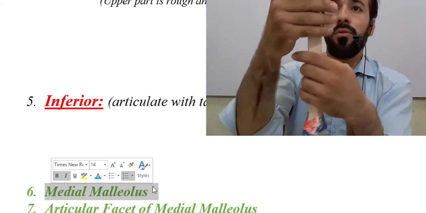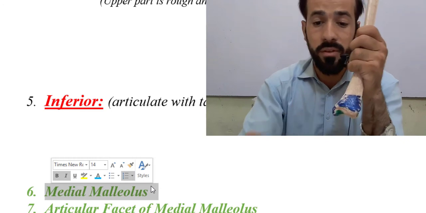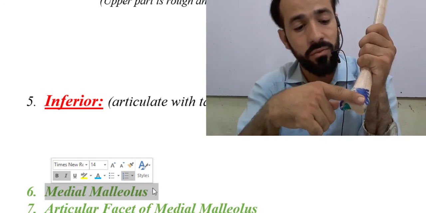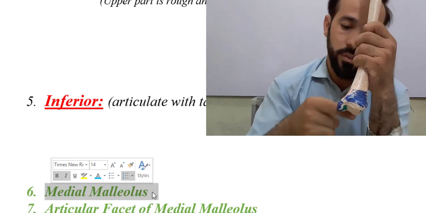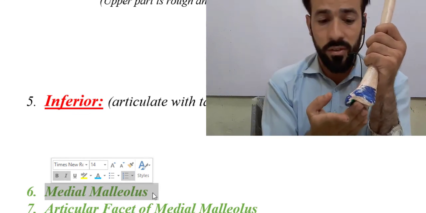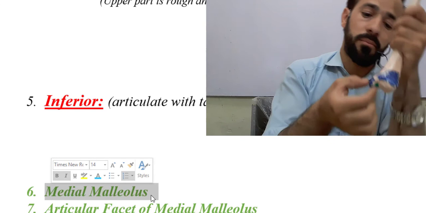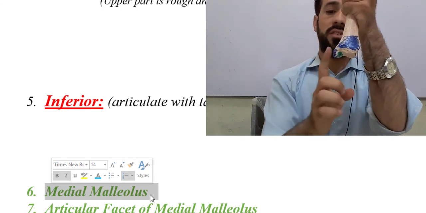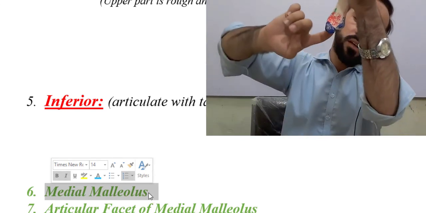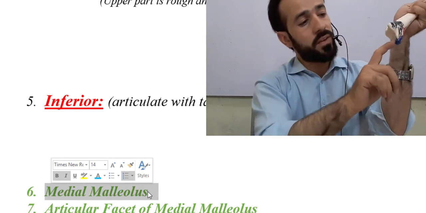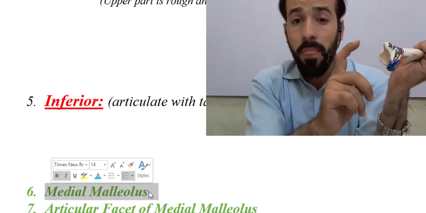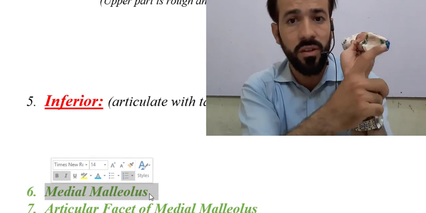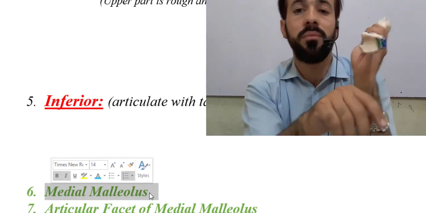So about the lower end of the tibia, we have said that there is an anterior surface, a medial surface, a lateral surface, a posterior surface, an inferior surface, and here you have the medial malleolus, and this is its medial surface, and in its lateral surface there is an articular facet. So this is the articular facet of the medial malleolus.